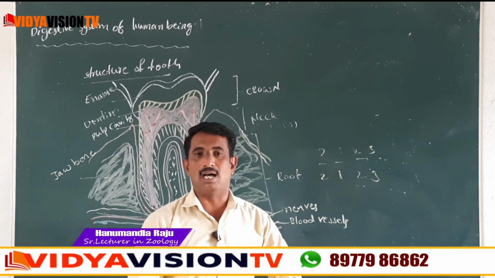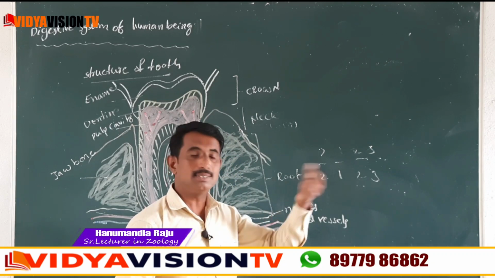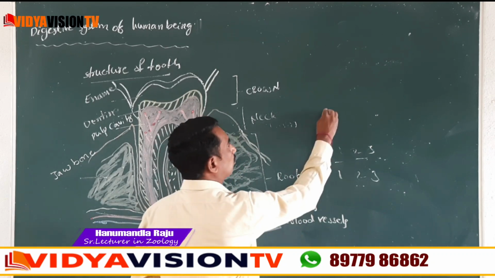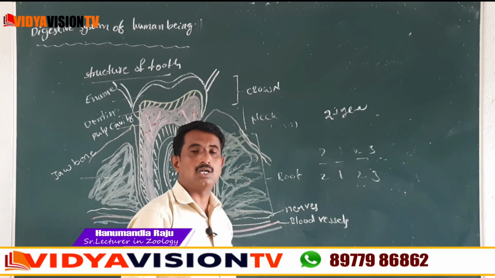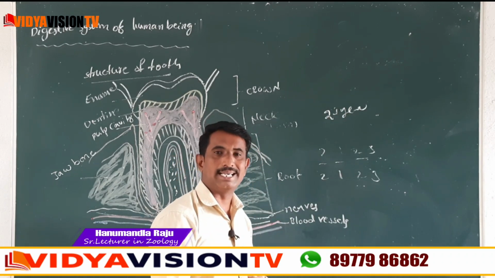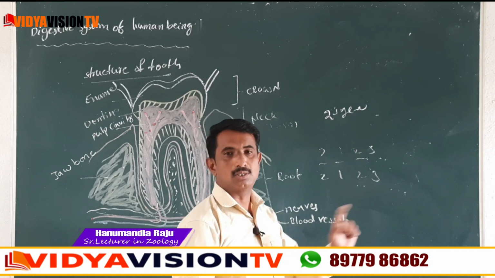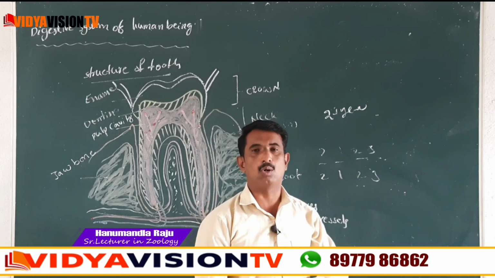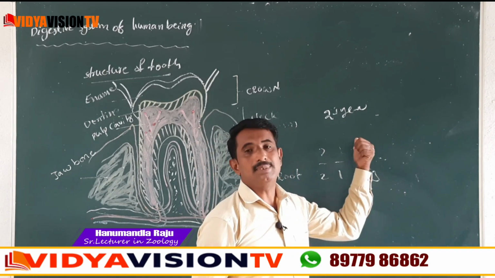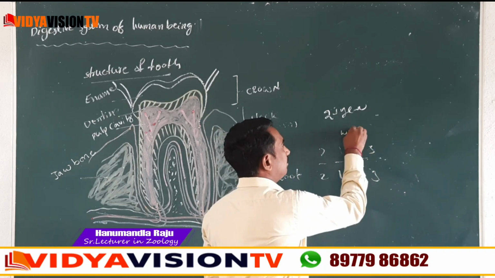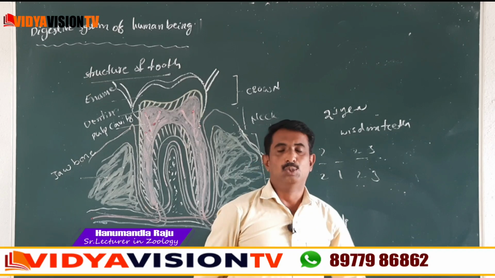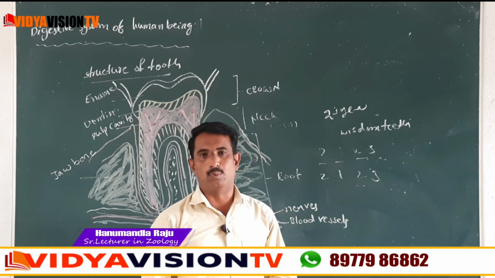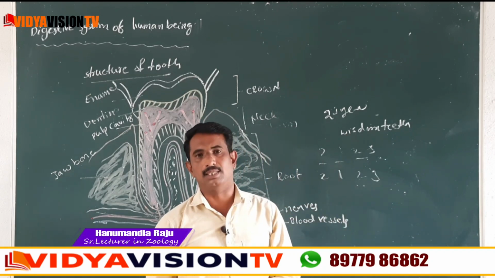The last molar appears at the age of 21 years. So that's why the last molar is called wisdom teeth. The last molar of the human being appears at the age of 21, so that is called a wisdom tooth.